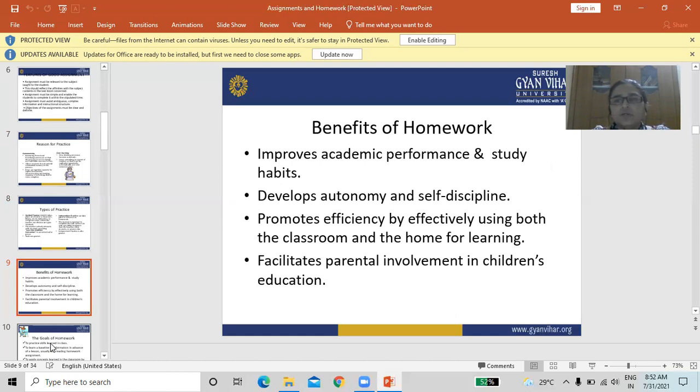Assignment and homework are generally done by the student, at home or in school, so it will improve academic performance and study habits. It develops autonomy and self-discipline, and promotes efficiency by effectively using both the classroom and the home for learning.